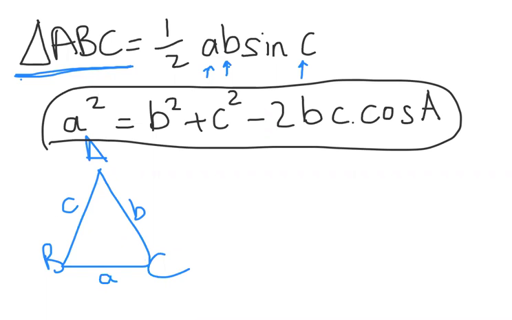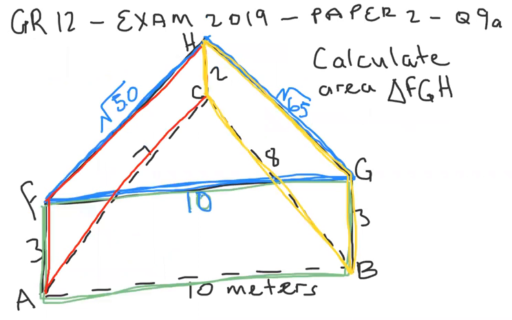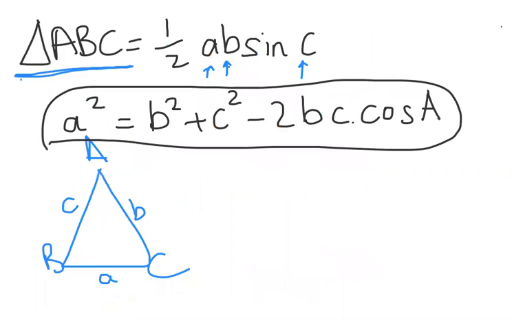Let's see what we have if we go back into this big sum. We have three sides, but we don't have that angle. So let's see if we can find that angle. Now the question is, why do we need the angle? Let's come back to the first equation.